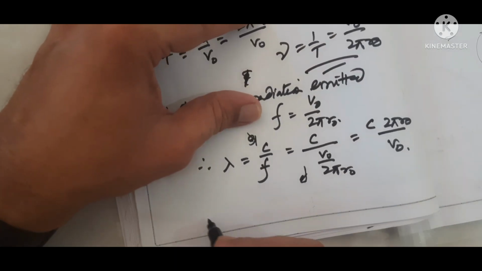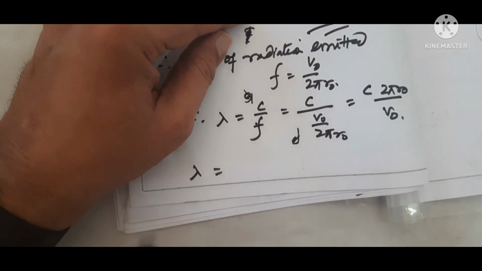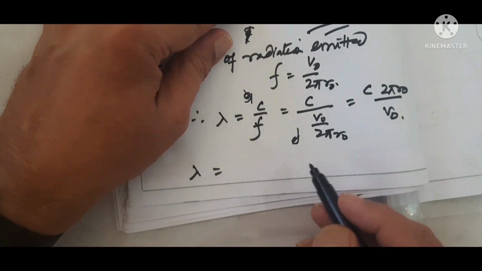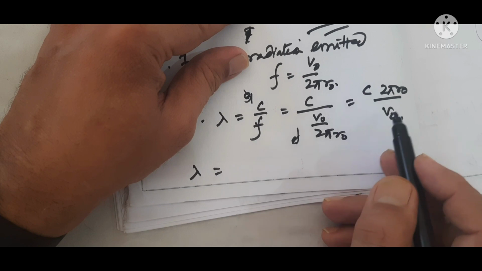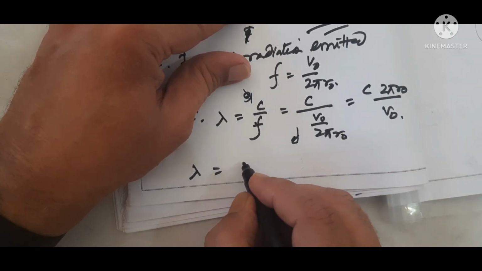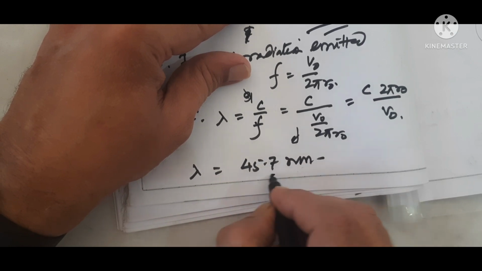Now put its value by putting the different values of 2 pi and this c is the speed of light and all these things. If we put in the values, using the calculator, it is around 45.7 nanometer. That should be your answer.